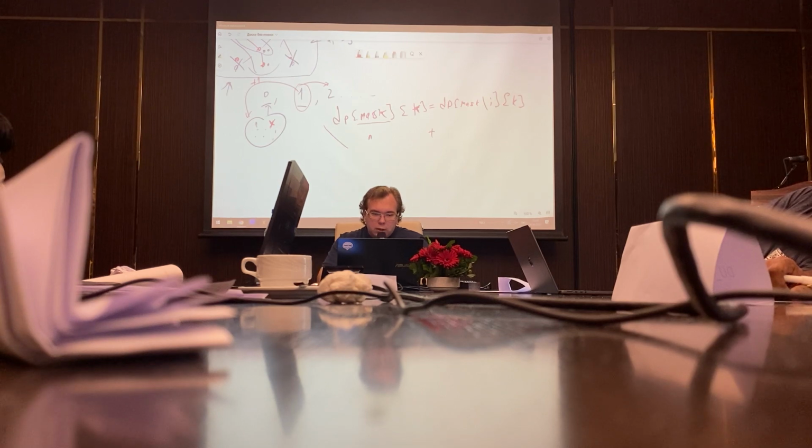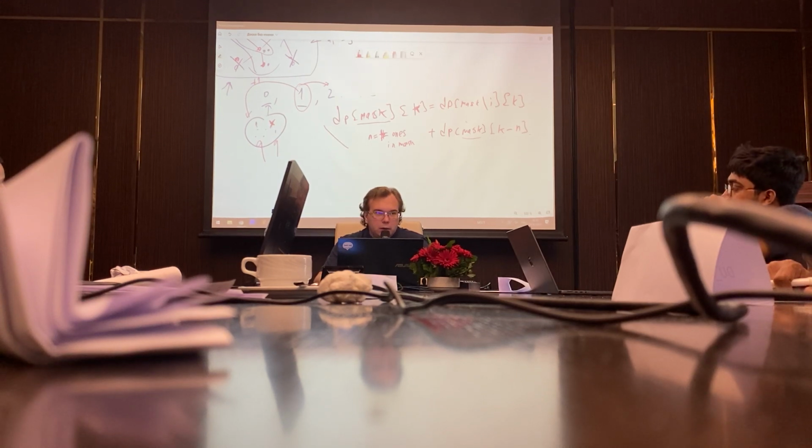Or we can give each vertex in the mask exactly 1 point, and it will be dp of the mask and k minus the number of points in that mask.